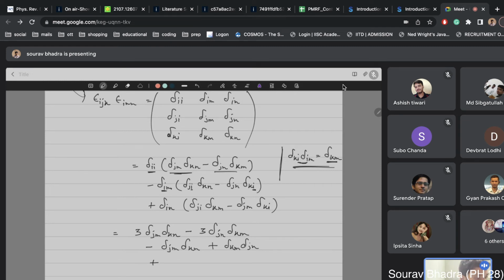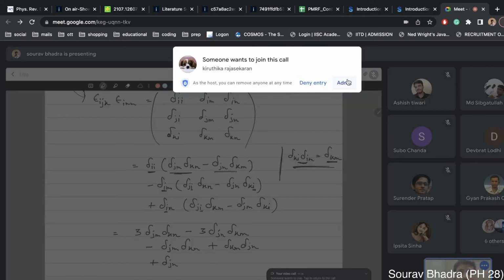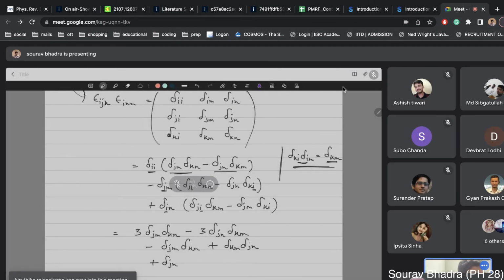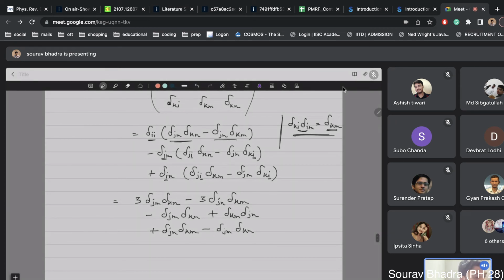And in the last term, i is repeated, so delta jn and delta km, minus here this i is repeated, so delta jm delta kn. Now you can see this is 3 delta jm delta kn, here 1 delta jm delta kn, and here 1 delta jm delta kn.